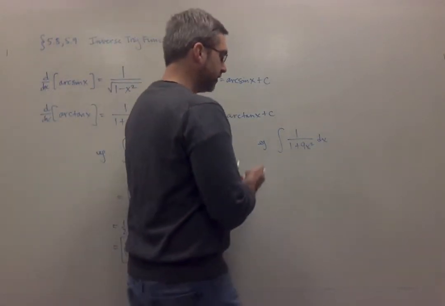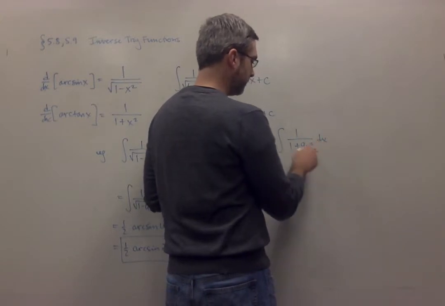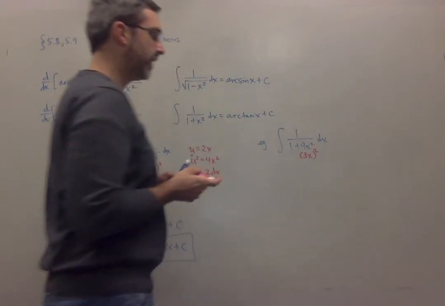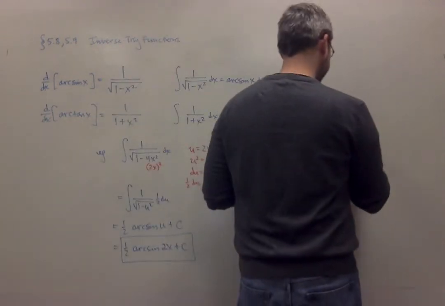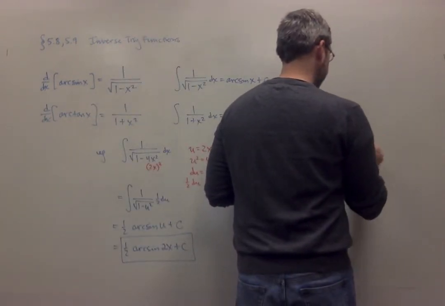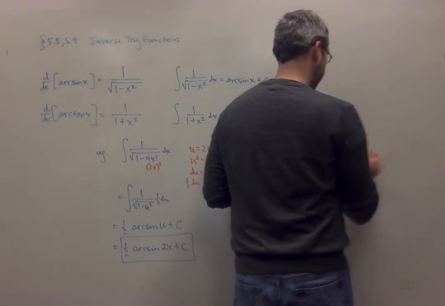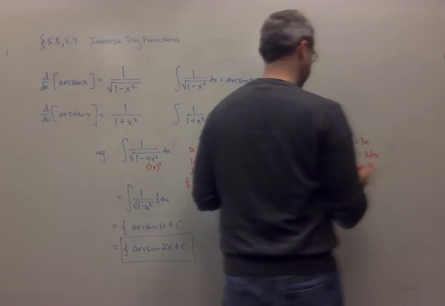So what I'm going to do is I want this to be 1 plus u squared, but in order to substitute in, I have to think through what do I square to get 9x squared, and that's going to be 3x. So I'm going to let u equal 3x. du is going to be 3 dx. So dx is 1/3 du.